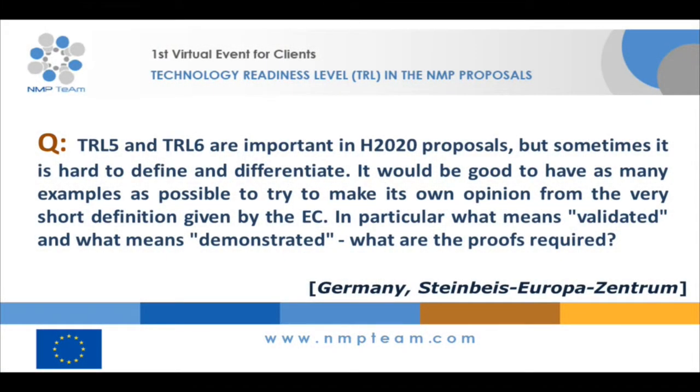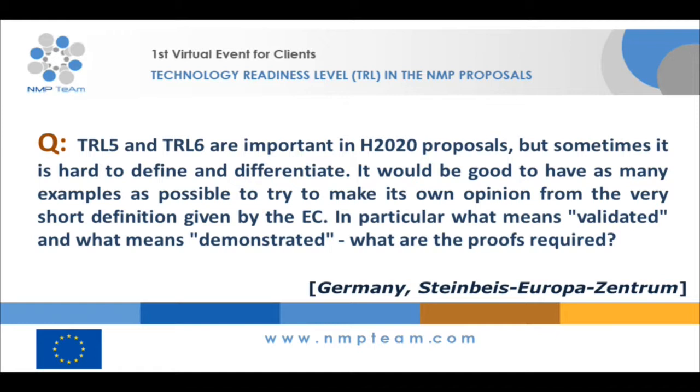So here is another question on examples for TRL 5 and 6. Certainly we will come up with examples of this. What does validated mean, which is TRL 5, and what does demonstrated mean, which is TRL 6?